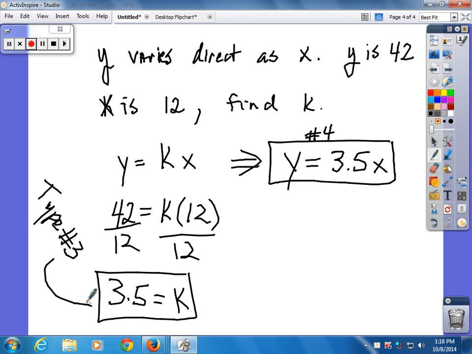This one is find K, and this one is once you find K, what do you do with it? Plug it back in. Okay, 2 or 3, I'm sorry. This is 2 and this is 3. Okay, 3 and 2.